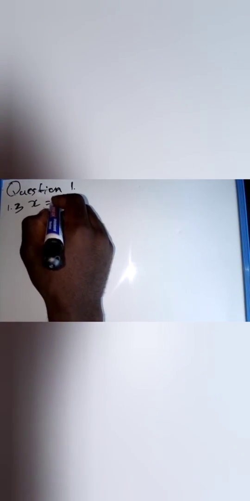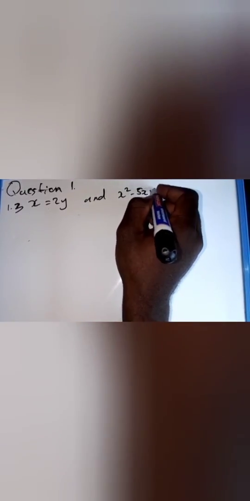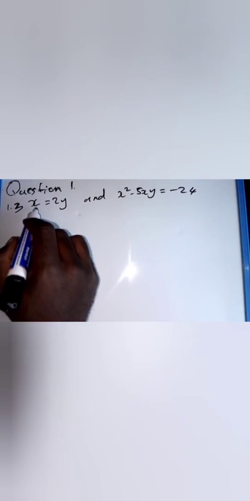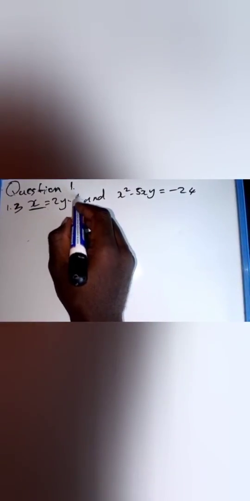So you're given, this is 1.3, x is equal to 2y and x squared minus 5xy is equal to negative 24. Here x is already the subject of the formula. So I'm going to say this is my equation 1. This is my equation 2.